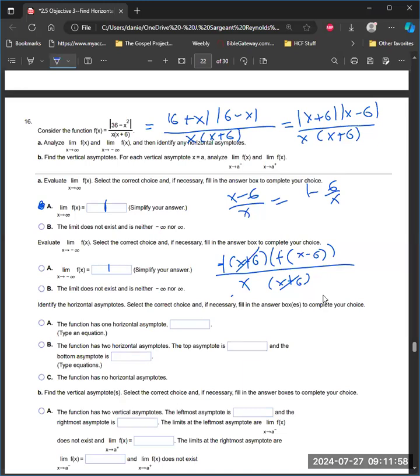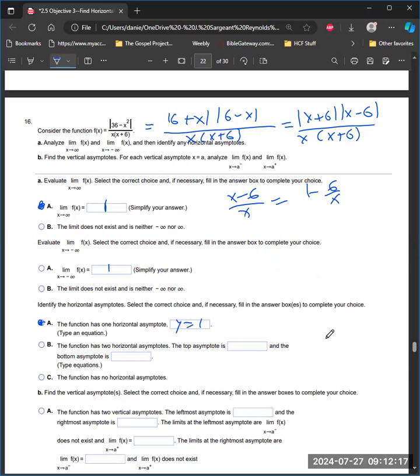As I go to negative infinity, that's still going to go to 1. So nothing really changed because the degree of the top and degree of the bottom are both even there. The function has one horizontal asymptote at y equals 1.